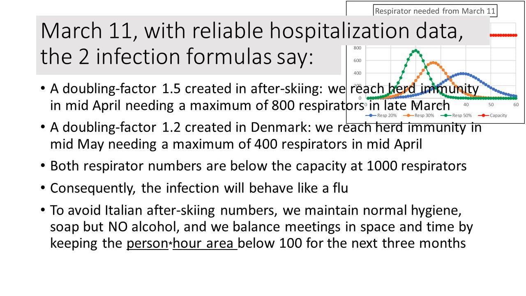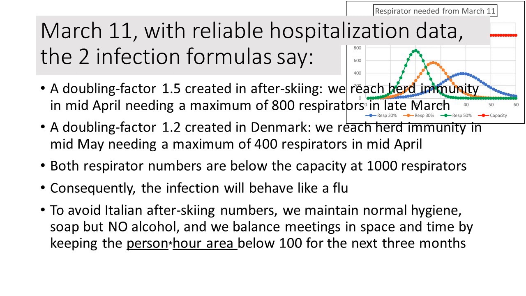With a doubling factor 1.2 created in Denmark, we will reach herd immunity in mid-May, needing a maximum of 400 respirators in mid-April. Both respirator numbers are below the capacity of 1,000 respirators. Consequently, the infection will behave like a flu.